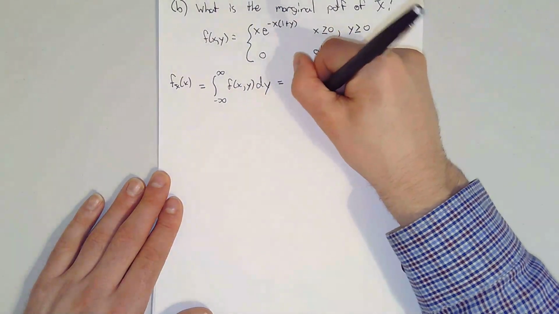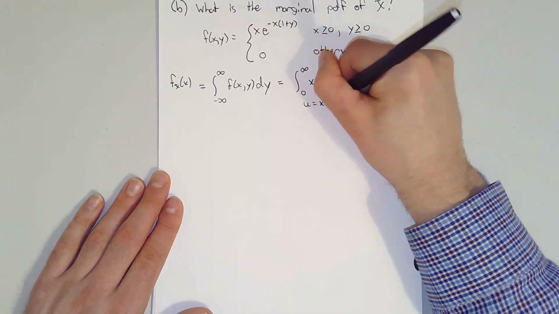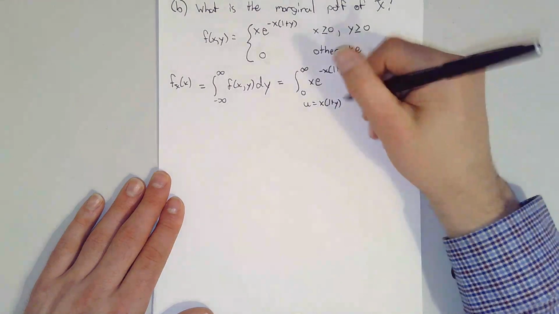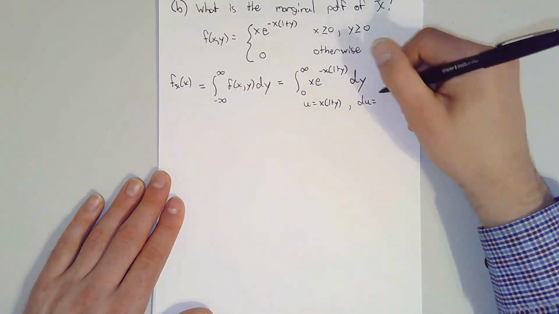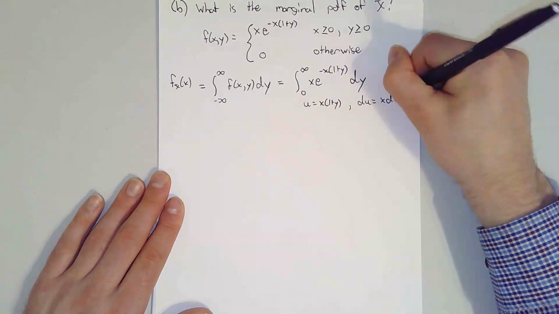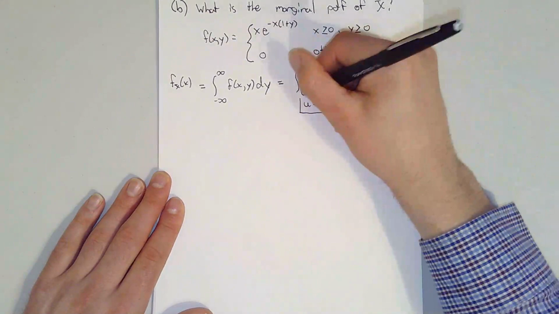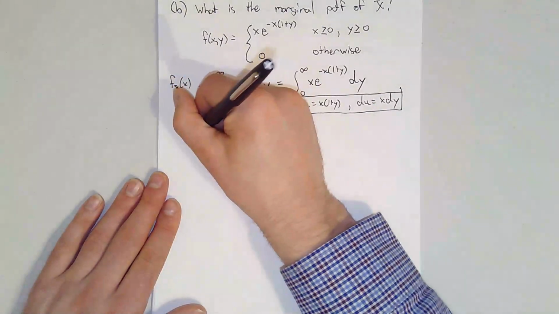We saw last time that the good substitution to make was u equal to x times 1 plus y, and therefore du is x dy. I'm going to box this again so we don't get this mixed up with our string of equations.